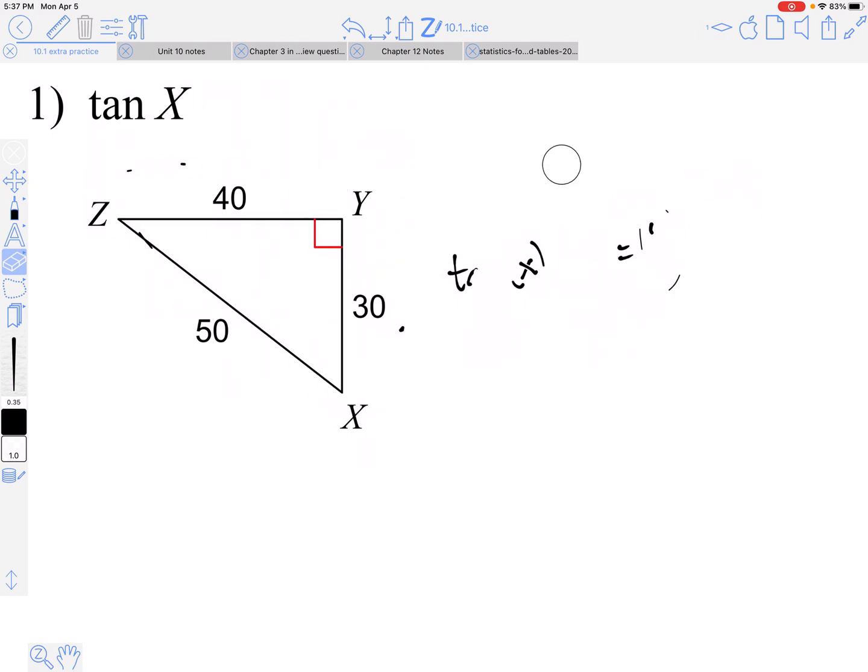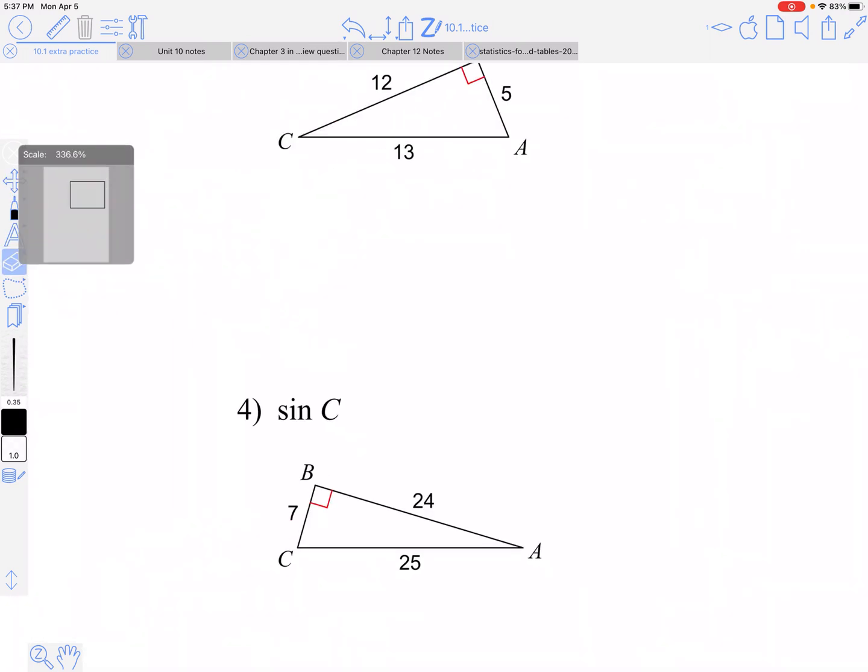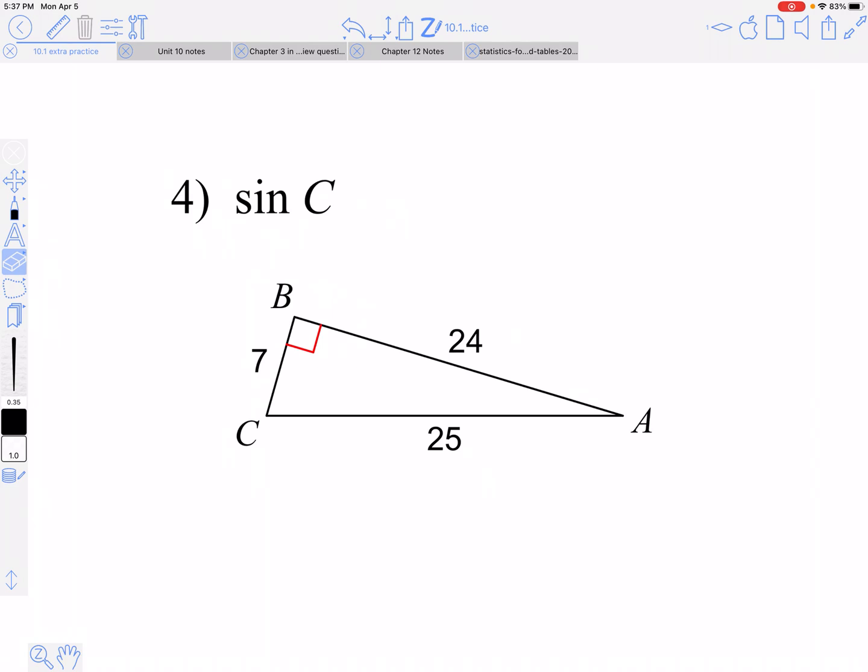All right, so there's that one. Go ahead and try this one right here. So just give it a try. Sine of C equals what? Okay, so we're focusing here. Whatever angle you're focusing on, it's always touching the hypotenuse, which is the longest side, and adjacent, and it's always creating the opposite.